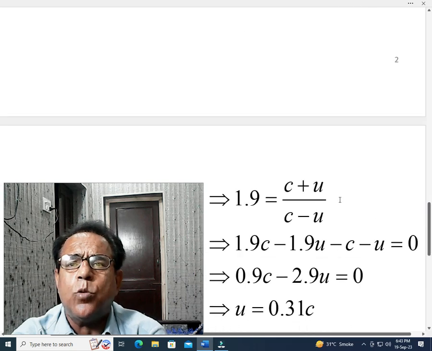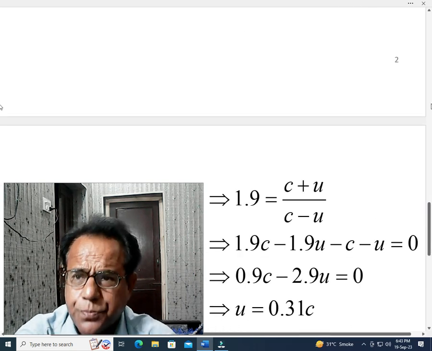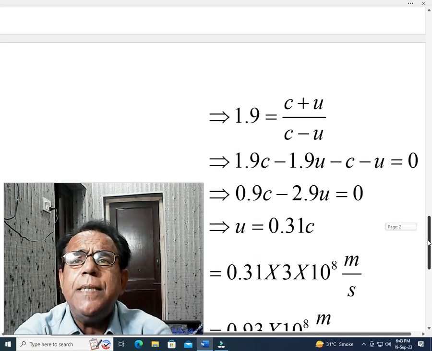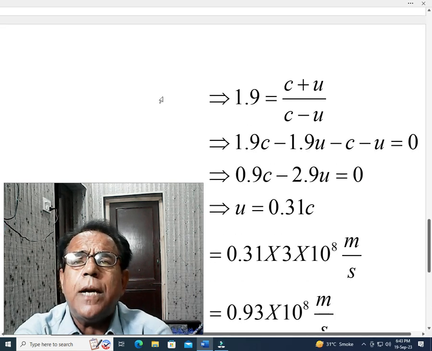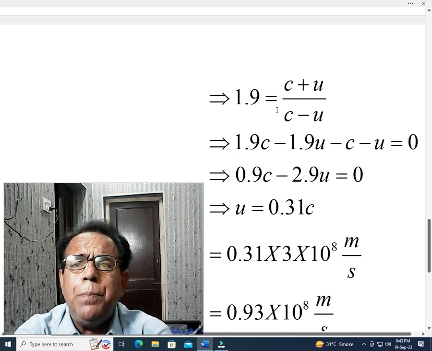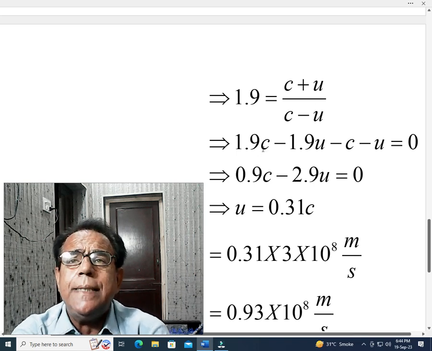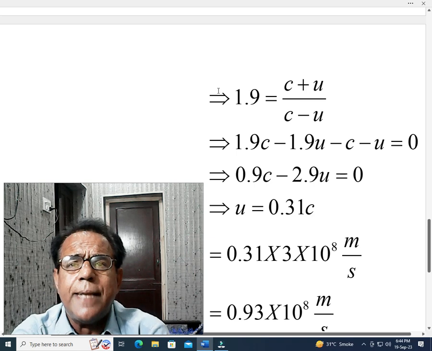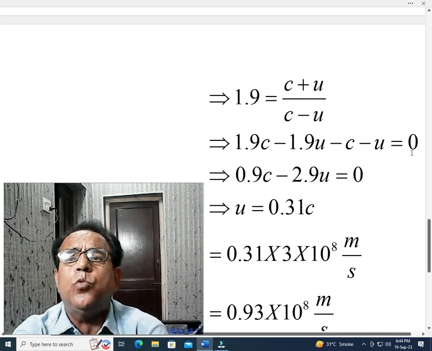In the next step we shift c minus u to the other side, so 1.9 will be multiplied with c and also with u: 1.9c minus 1.9u, and then the other value will be shifted to the other side and become minus, that is minus c minus u equal to 0.